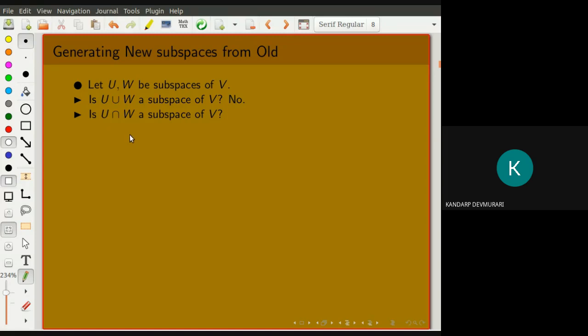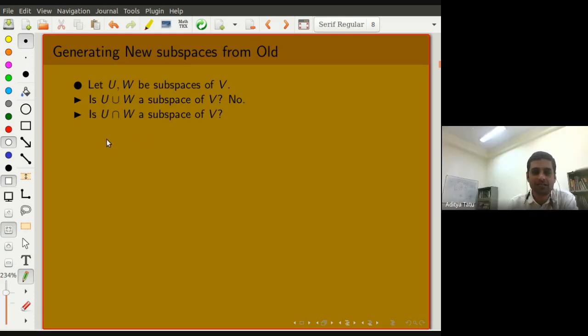The intersection will have the elements which are present in both the subspaces, including the identity. So since U and W are already subspaces, their intersection will also be.